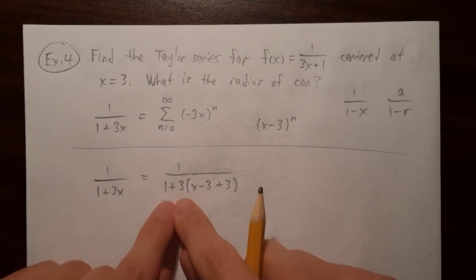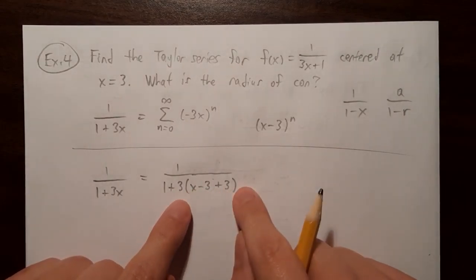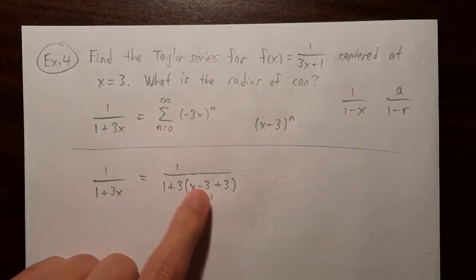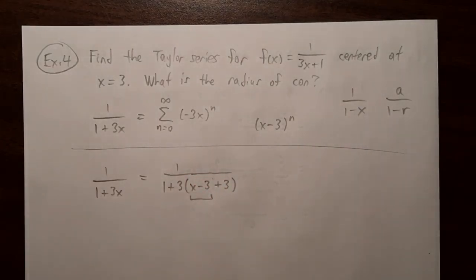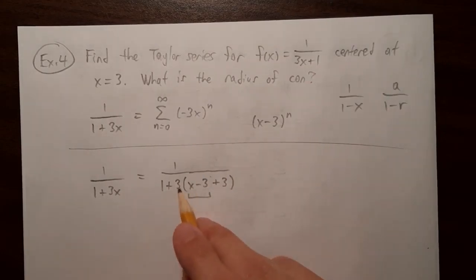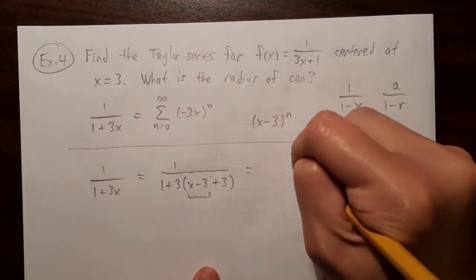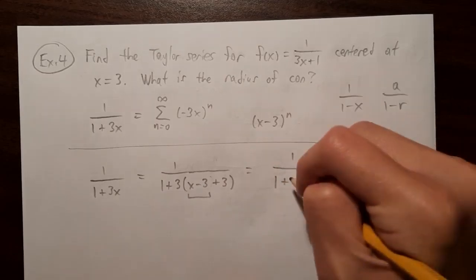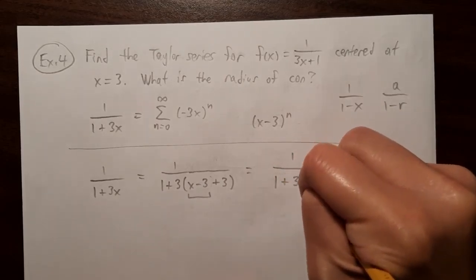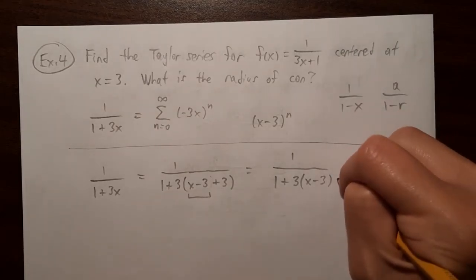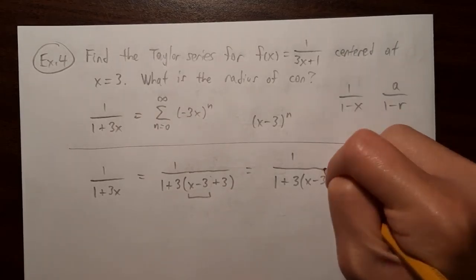So now I'm going to distribute this 3 through, but I'm going to treat x minus 3 as a block. I'm not going to distribute to both of these terms. I'm going to distribute the 3 to the block x minus 3 by itself, and then to this other 3. So I get 1 divided by 1 plus 3 times the entire block x minus 3, which I don't want to go away, plus 3 times 3, which is 9.